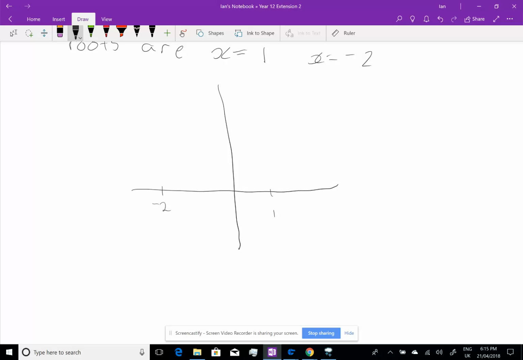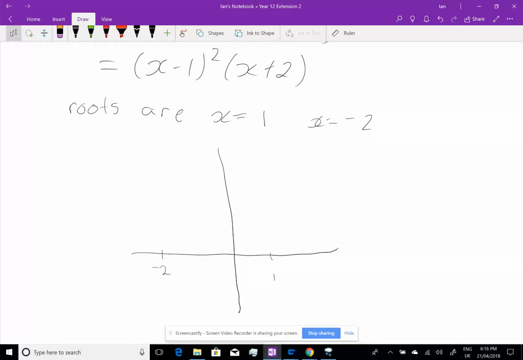We know that the polynomial P(x) is x cubed minus 3x plus 2. So we know it's going through 2 up here. We know that this is a double root. We know it's a positive cubic.